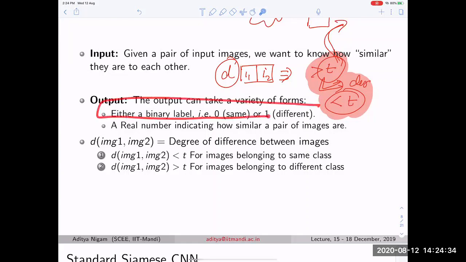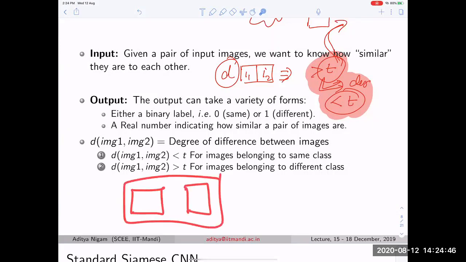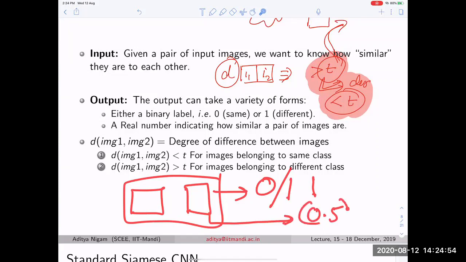What is the problem? There is a very specific problem. I am training a network which will take these two images and give me 0 or 1. Similarly, the other network will take both of them and give me 0.2, 0.5, 0.3.